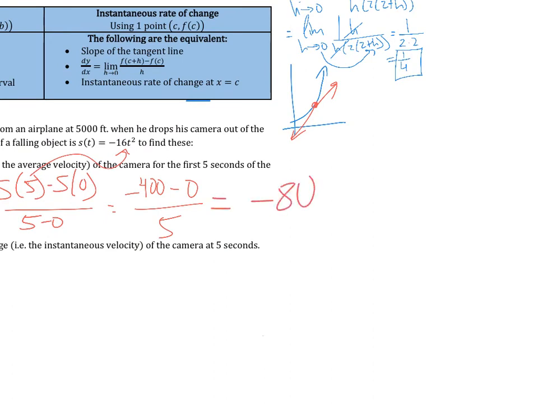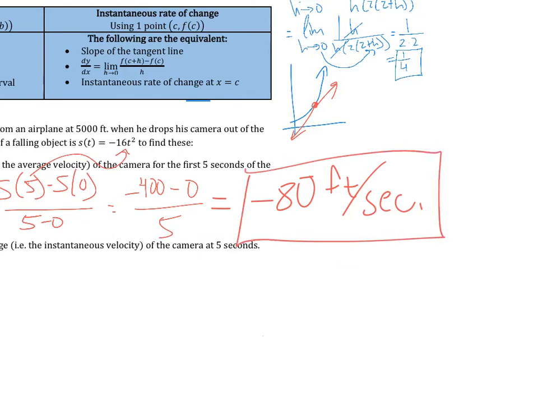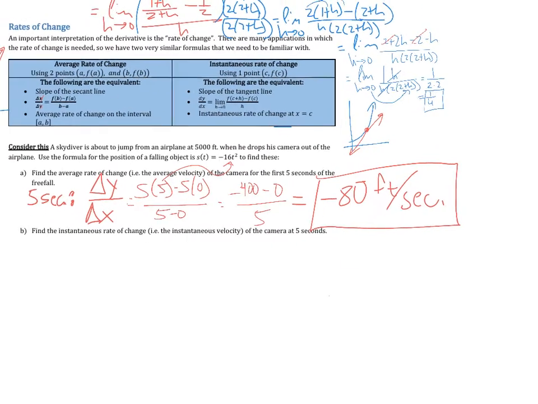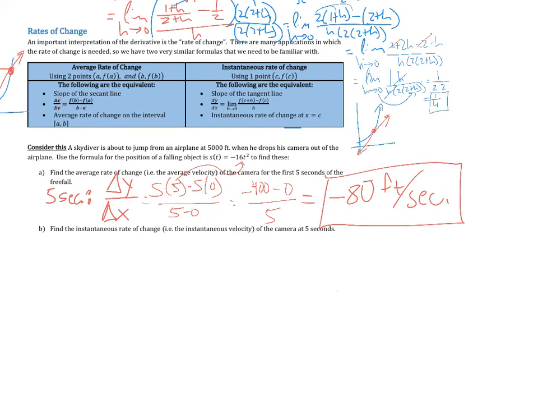So negative 80, and so this is feet per second. Whenever we take the average rate of change, okay, we have feet on top, that's position, seconds on bottom there, all right?